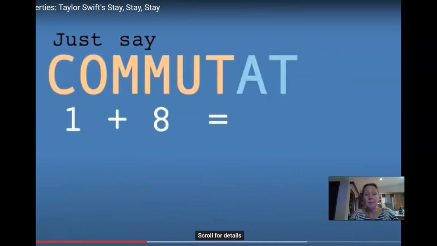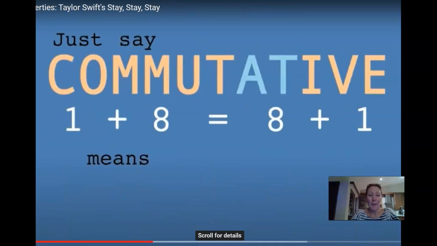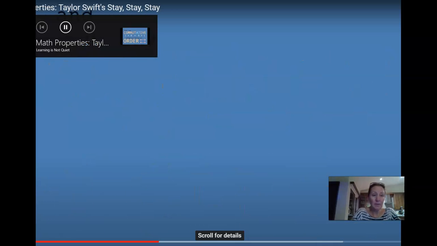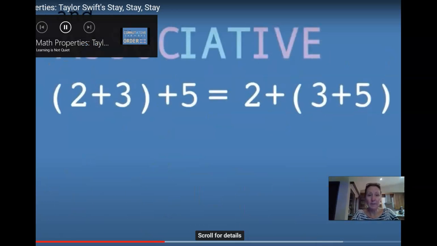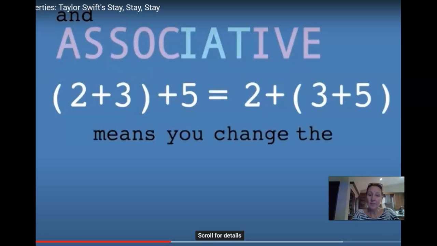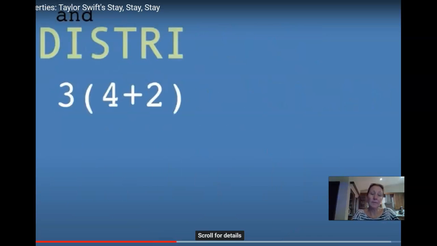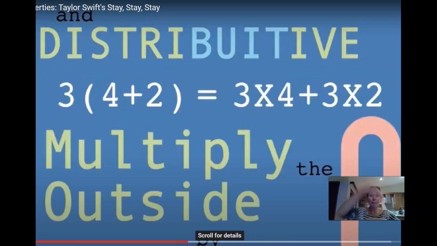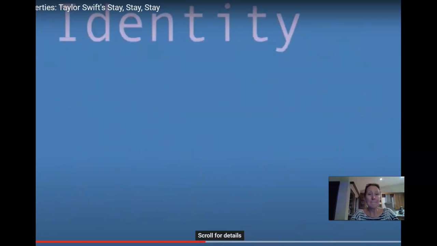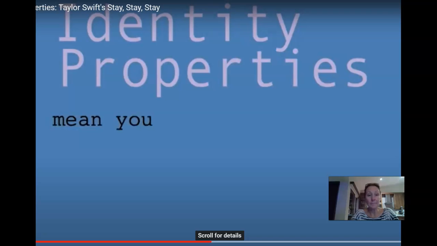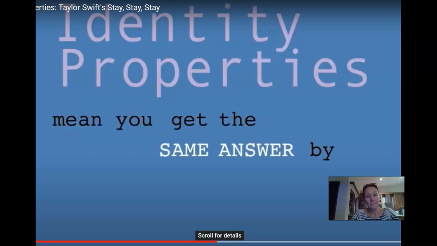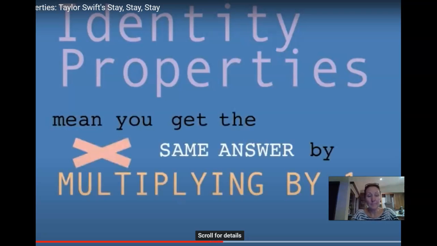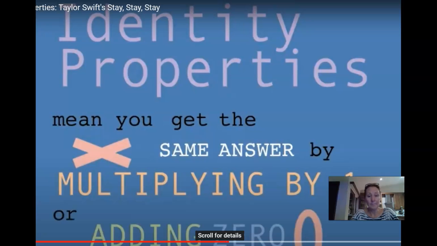Just say commutative means you change the order, and associative means to change the grouping, and distributive, multiply the outside by the in. With identity properties, you get the same answer by multiplying by 1 or adding 0.